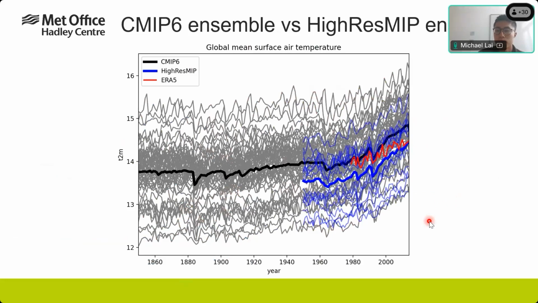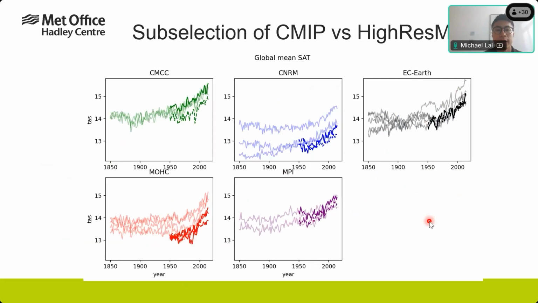So to get a better look at things, I have selected the modeling centers which ran both the HighResMIP and the standard CMIP DECK simulations. There are only 5 of them that have done this.